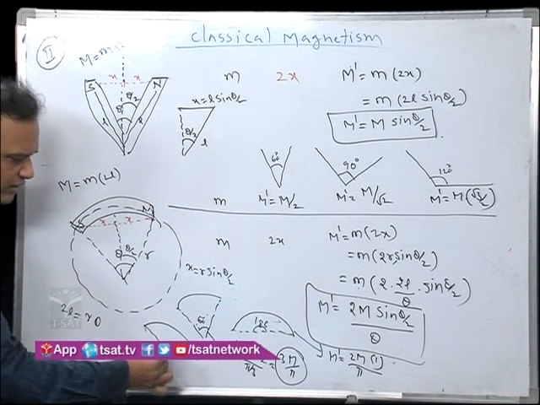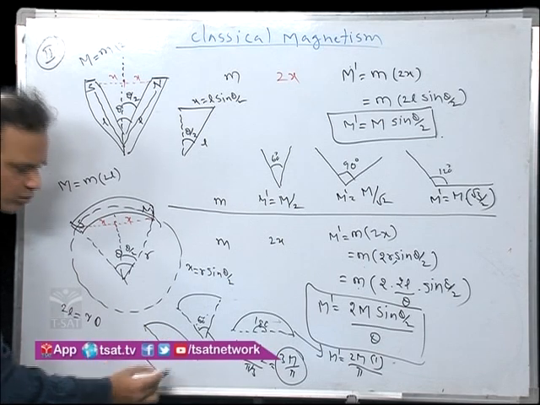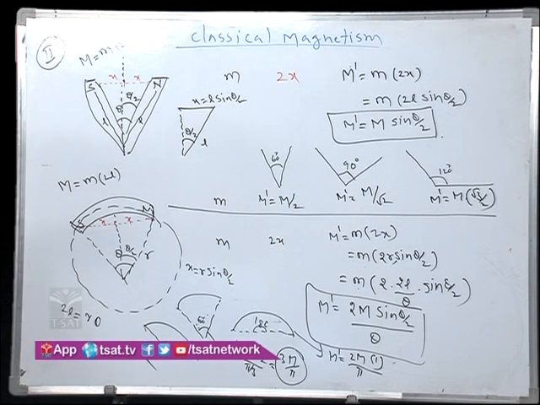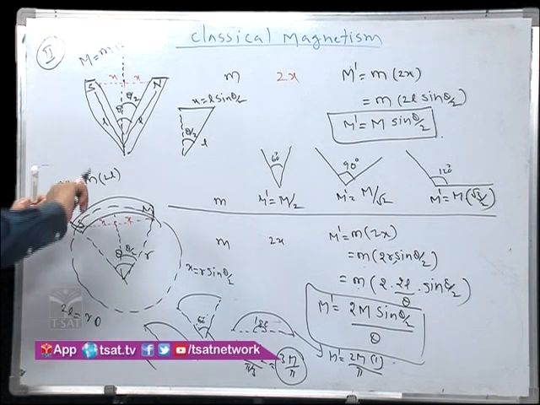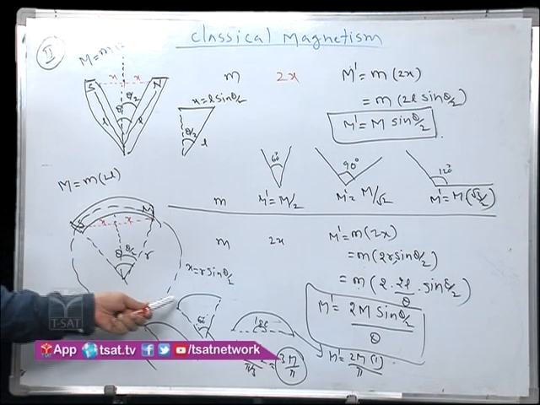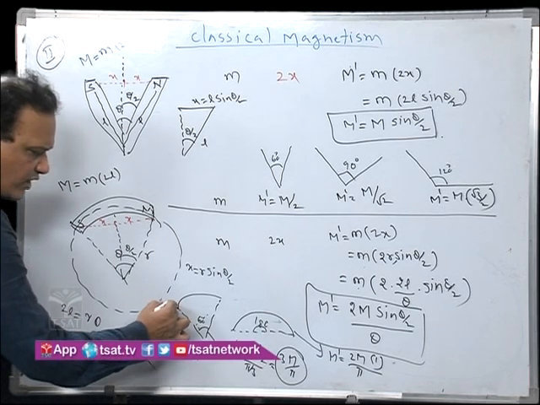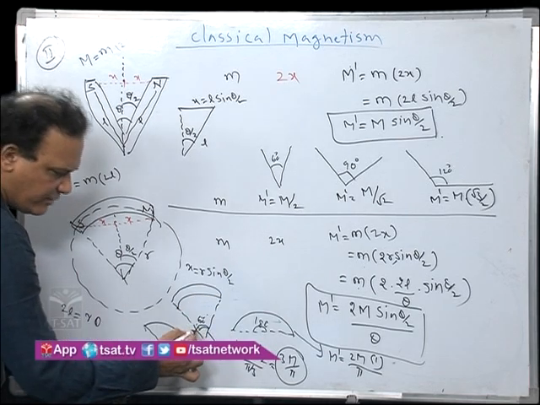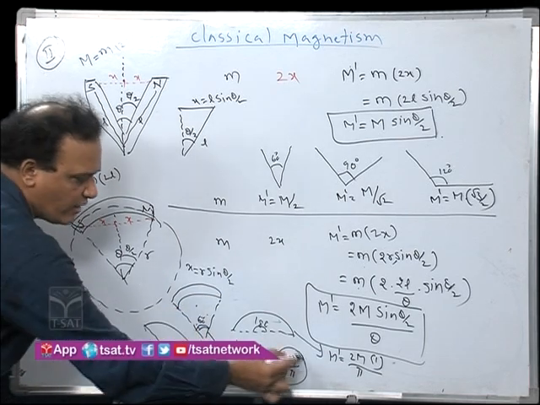Similarly, if it is 120 degrees, find out its new magnetic moment. In these cases also, the length changes. This is a previous entrance question: a bar magnet bent in the form of an arc makes an angle of 60 degrees, find its new magnetic moment.